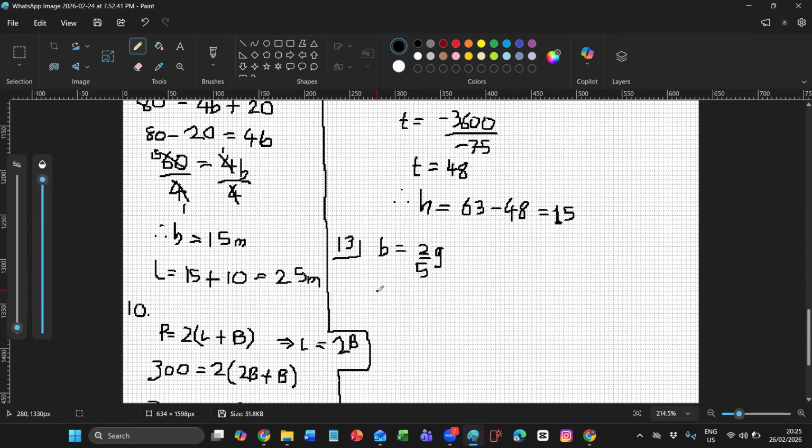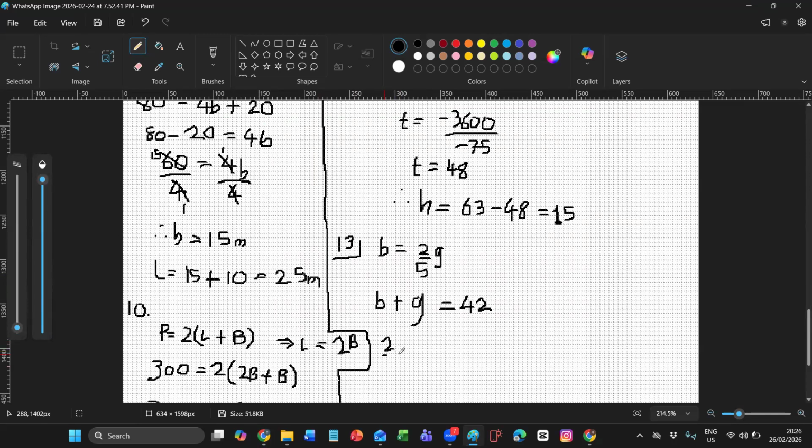But they told us that the total, boys plus girls, is equal to 42. So now we can substitute in boys plus girls equals 42. Anywhere we see boys, we can put 2 over 5 G, right? Yes, sir.